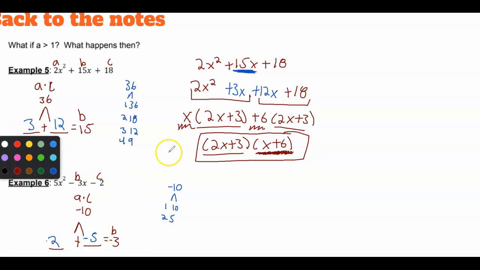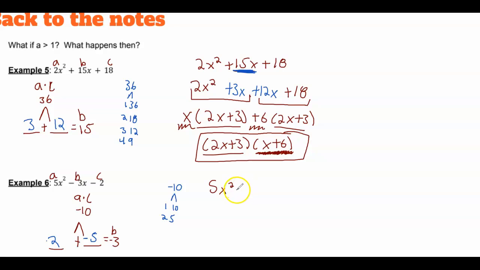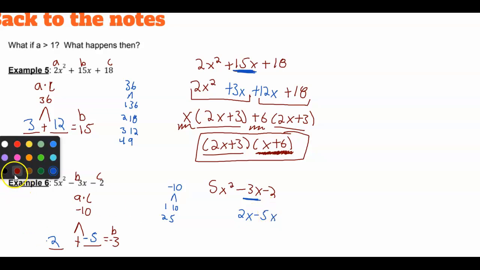So when I now make this 4 terms, I have my 5x squared minus 3x minus 2. I'm saying that negative 3x is the same as 2x minus 5x. So I only rewrote the center term.